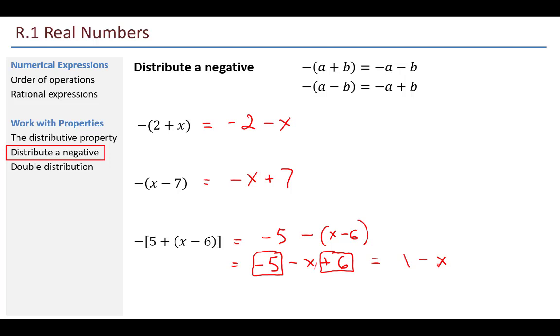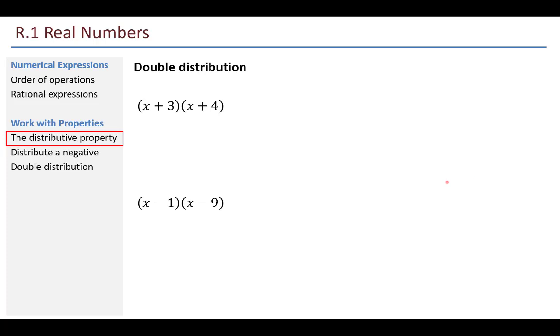As our last example of distribution, sometimes we need to do a double distribution. Now, if you've seen FOIL already, you know this, but you don't have to think about it as some trick. This really is just distribution. Let's take our x plus 3 and think of that as just one kind of unit that gets distributed across the x plus 4.